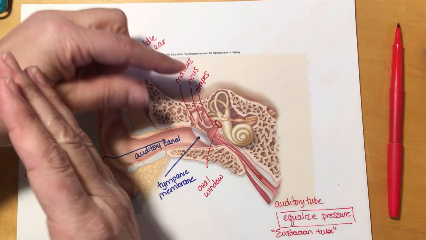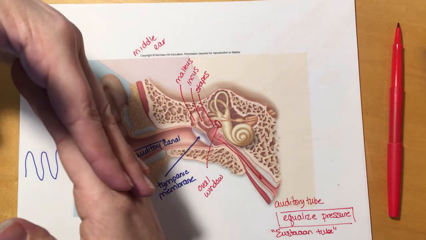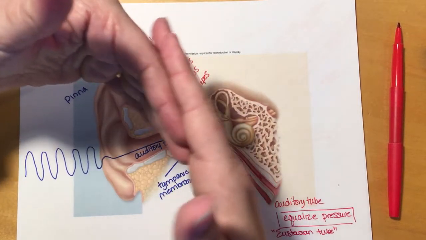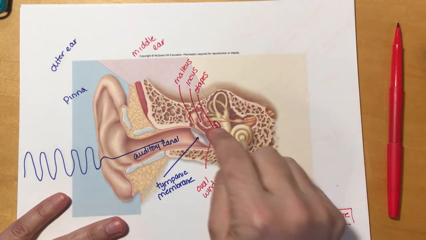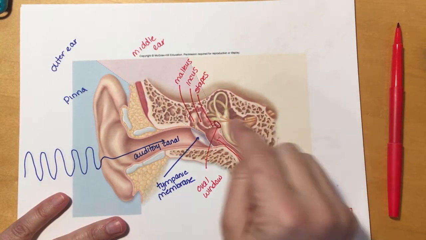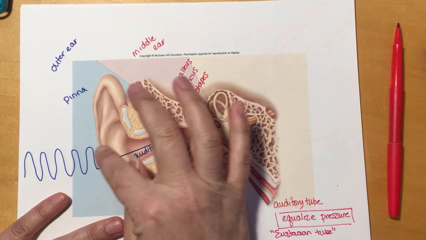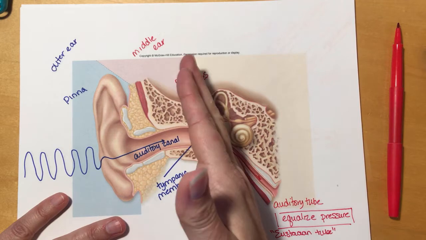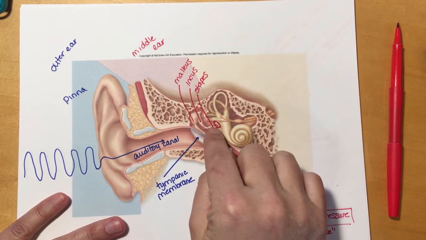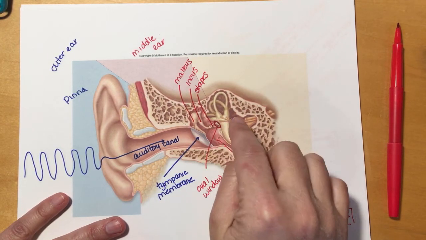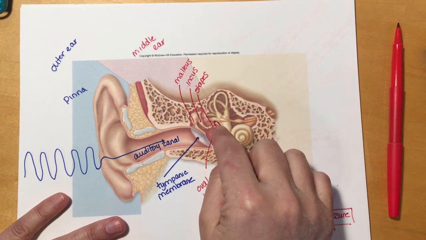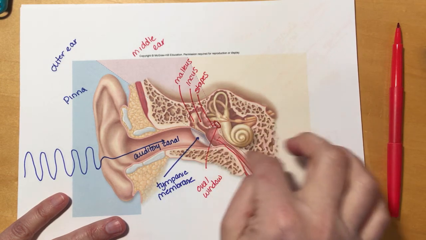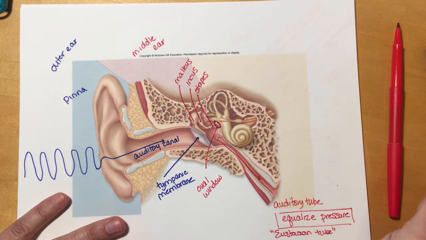And the malleus is sitting right next to the incus, and the malleus is going to push on the incus, and the incus is going to push on the stapes, and the stapes is going to push on the oval window. That will transmit this sound wave into a mechanical wave of moving back and forth, and we're going to transmit those mechanical waves into the inner ear.